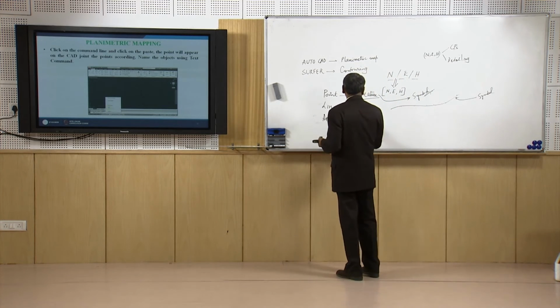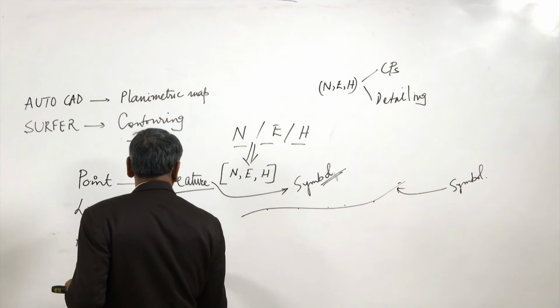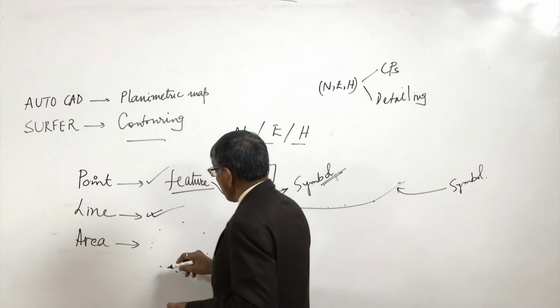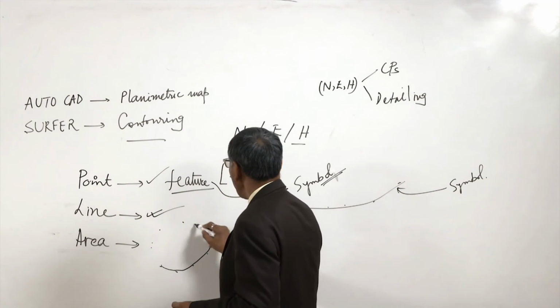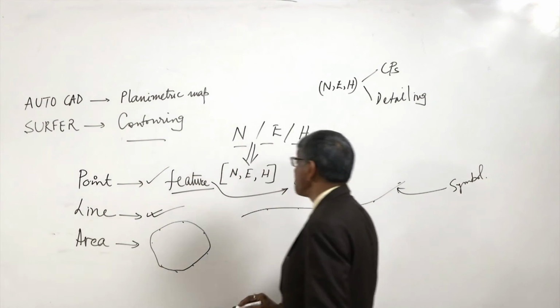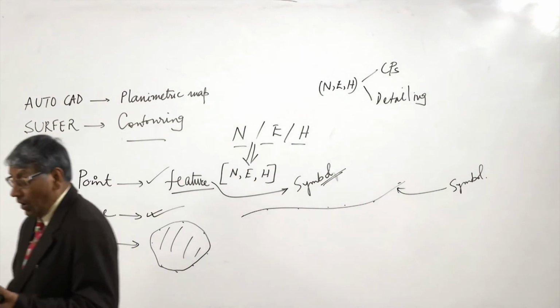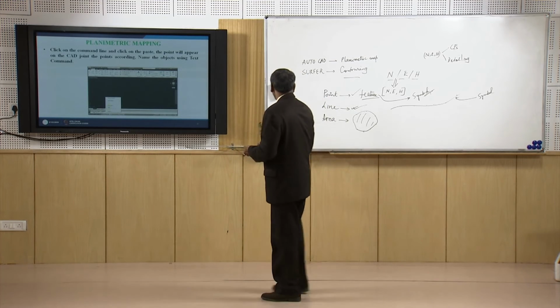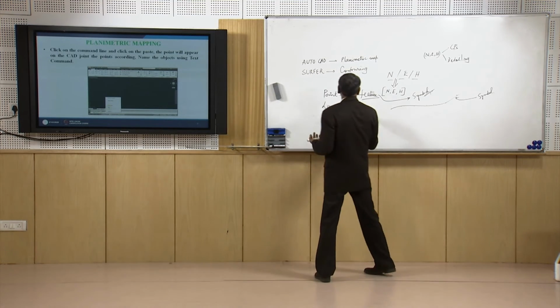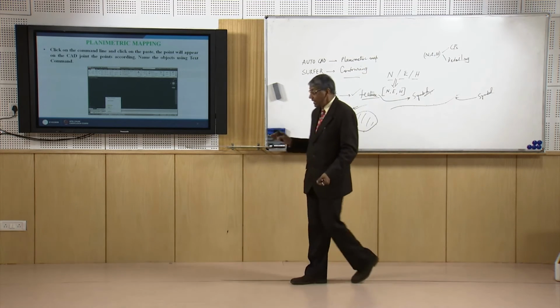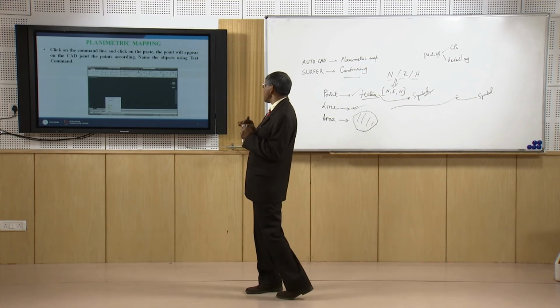Finally, we should also locate the points which belong to a particular area, so we should add all those points and also make use of symbols, and if sometimes we need text, we have to add all that text. In that way we can prepare our planimetric map.